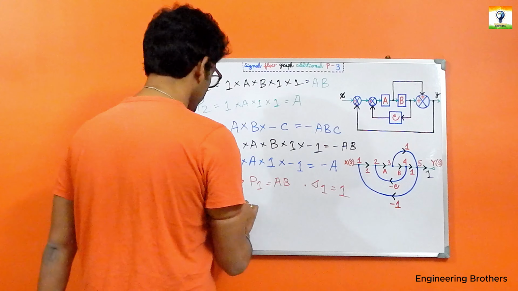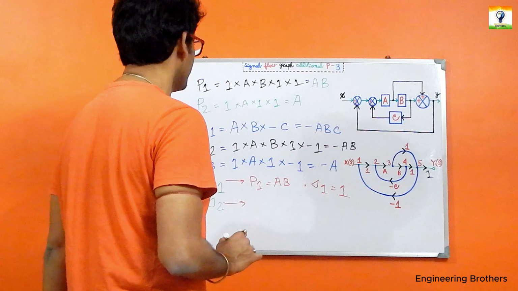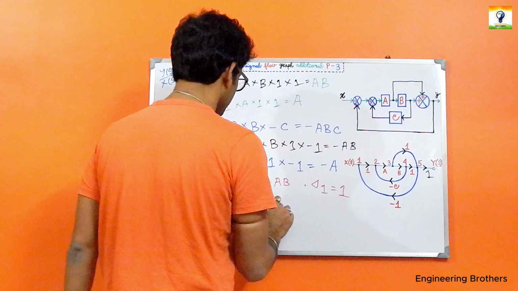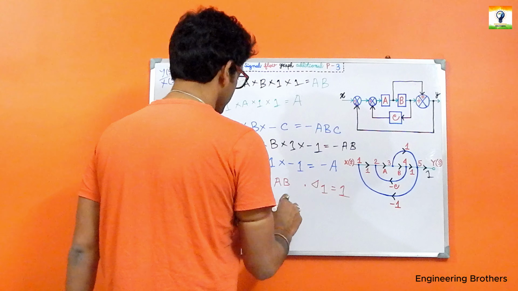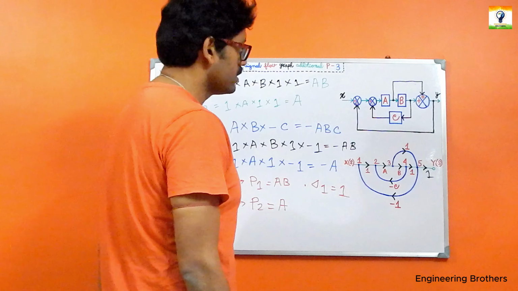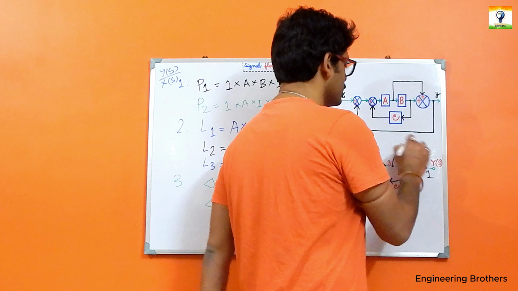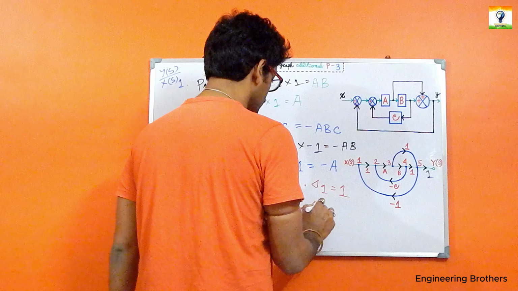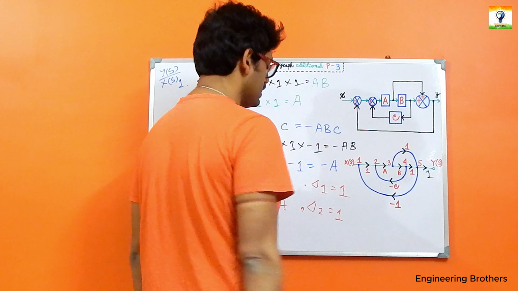Similarly, delta 2 is directly associated with our next forward path, which is P2, and its value is A. That forward path also touches all those loops, and quite naturally the delta 2 expression will be 1.